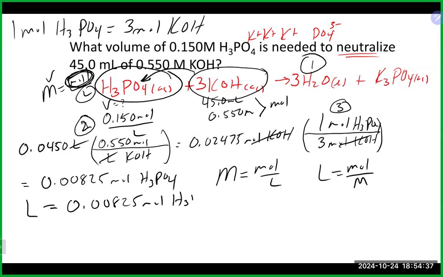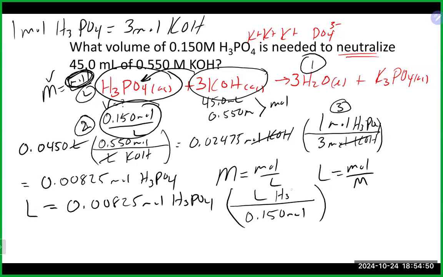Once again, taking a dimensional analysis approach with our molarity, I'm going to use it like this and flip it upside down with the moles on the bottom, opposite, so it cancels. And that's going to get me 0.055 liters, which if I multiply that by 1,000 is about 55 milliliters of our phosphoric acid.